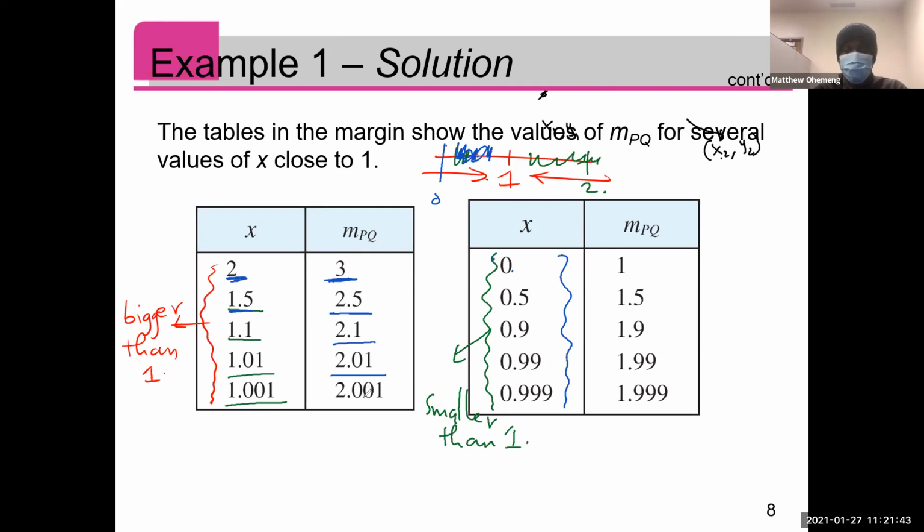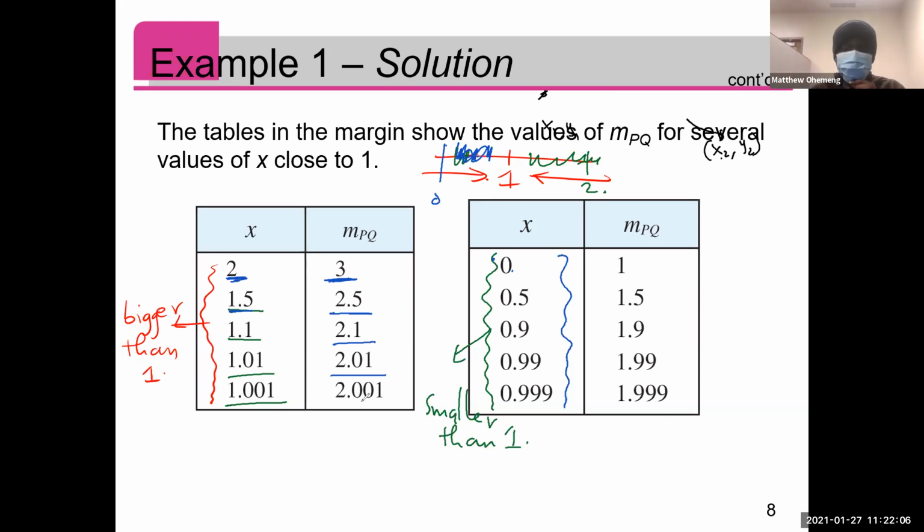That's the slope of the secant line. 1.001, that's 2.001. That means it's safe to say that if I try 1.0000001, it's going to give me something like 2.00001 or some sort. And that is getting closer and closer to 2.